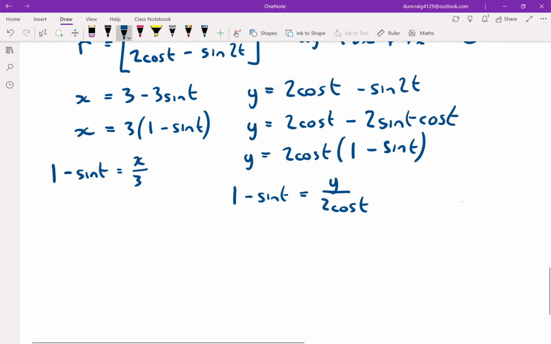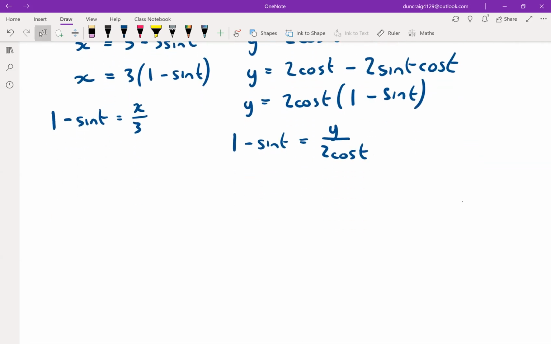And then knowing that, I can say that x over 3 is going to equal y over 2 cos t. So then 2x cos t is equal to 3y. Then I've got to get rid of that pesky cos t.